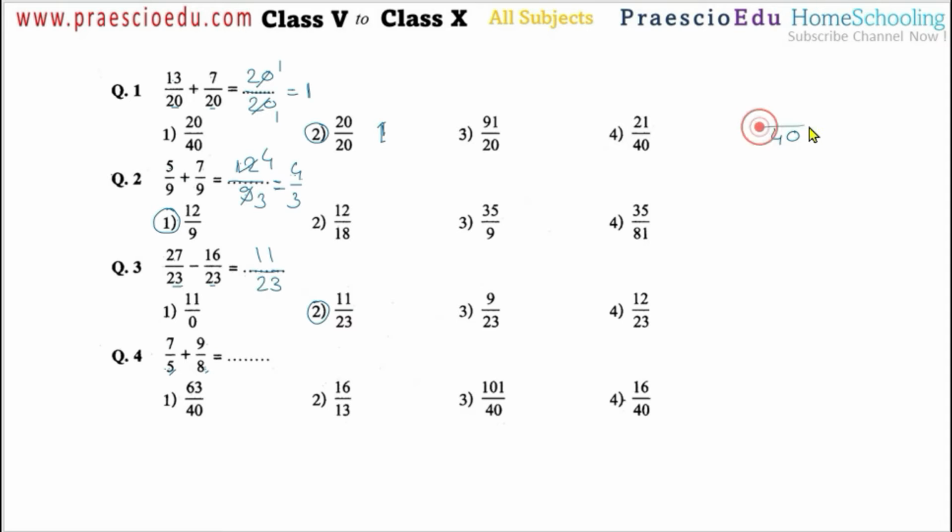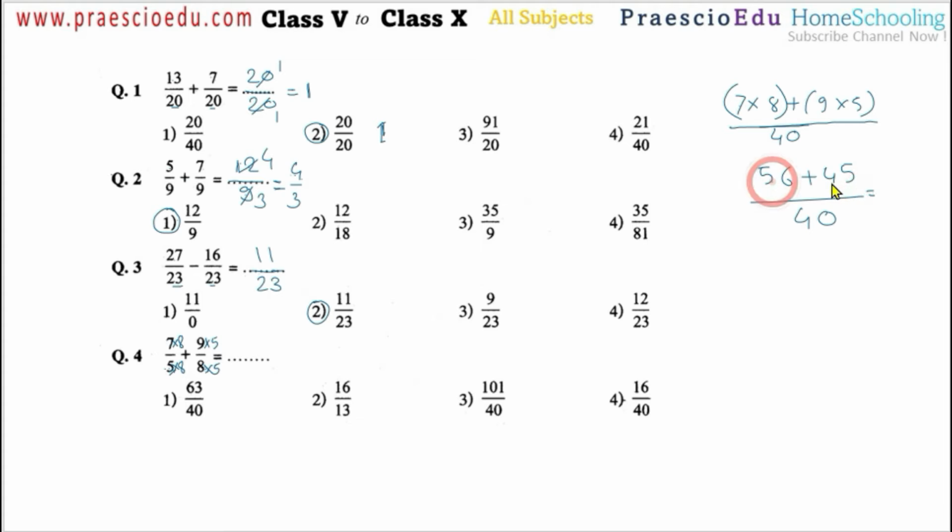So the LCM is 40. To make the denominator 40, we multiply by 8, and the same 8 has to be multiplied in the numerator. Here we multiply by 5, and the same 5 in the numerator. So 7 multiplied by 8 plus 9 multiplied by 5, over 40. 7 times 8 is 56, plus 9 times 5 is 45, upon 40.